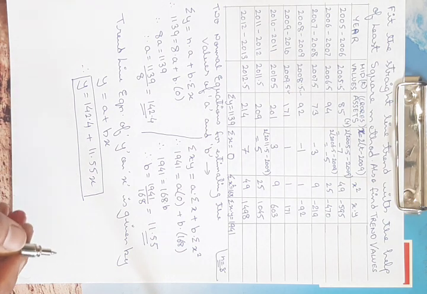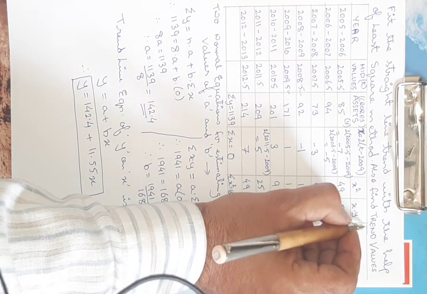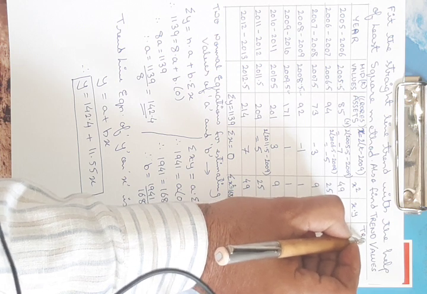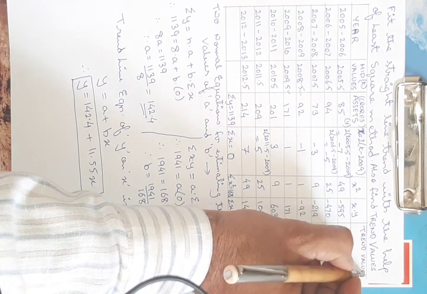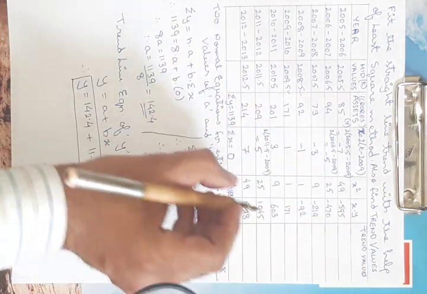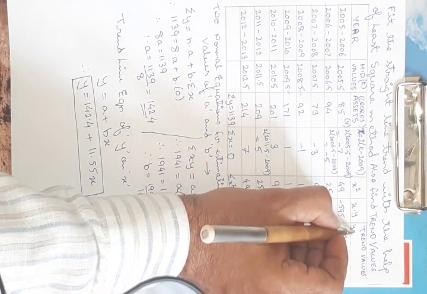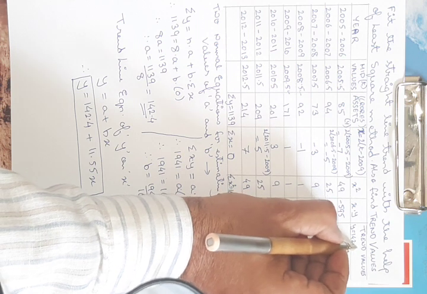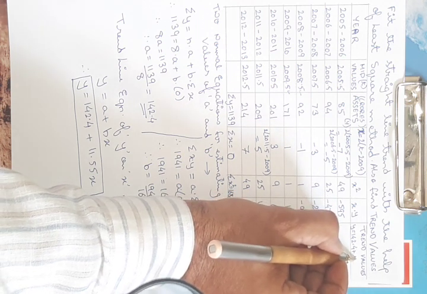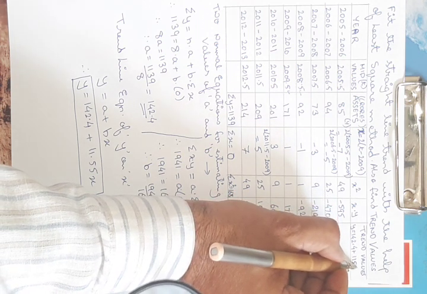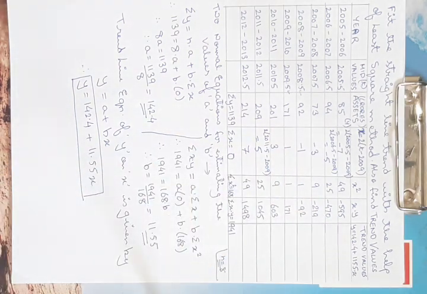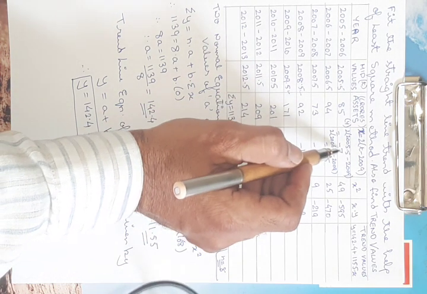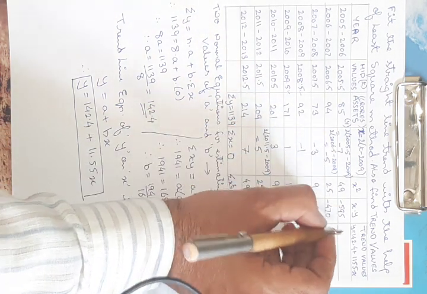Now here we need to calculate the trend values, the last thing which we want to calculate. So here the equation is y is equal to 142.4 plus 11.55x. But friends, here we don't know the value exactly of x, so that is why here we have taken -7.